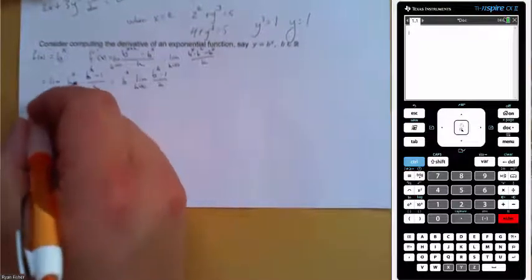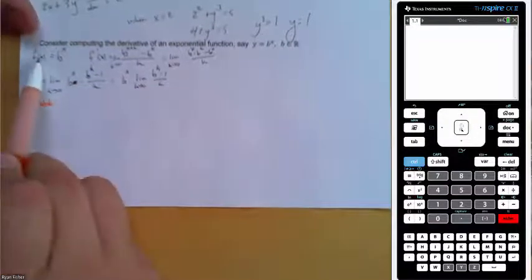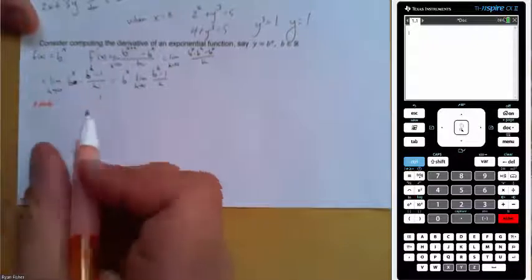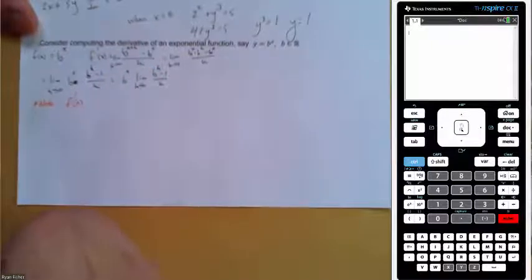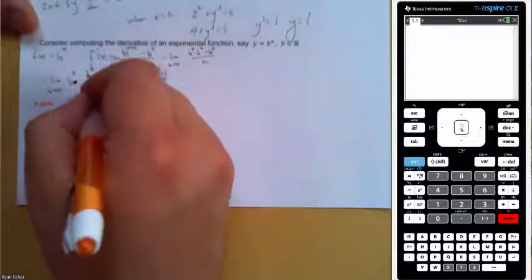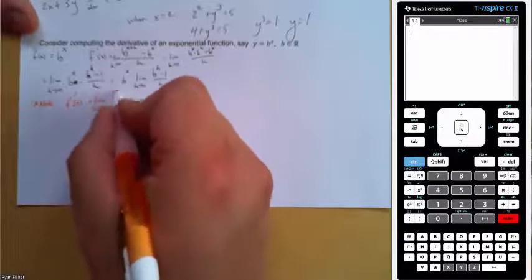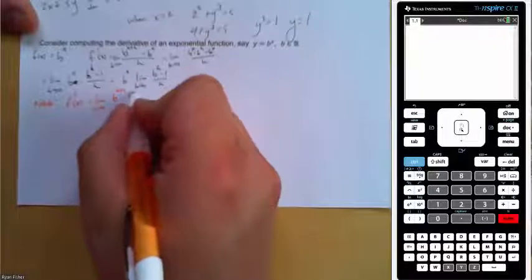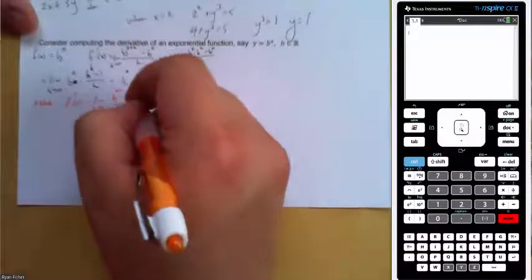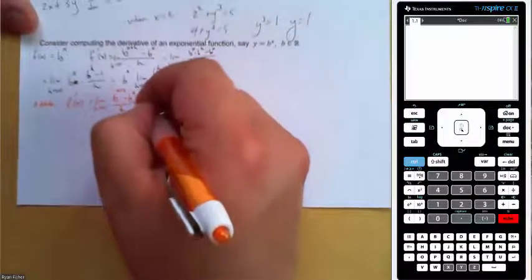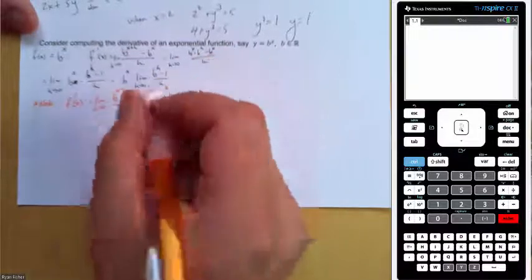Note that if you thought of this function, the derivative of this function at 0, that would be the limit as h tends to 0 of b to the 0 plus h minus b to the 0 over h, which is the limit as h tends to 0 of b to the h minus 1 over h.